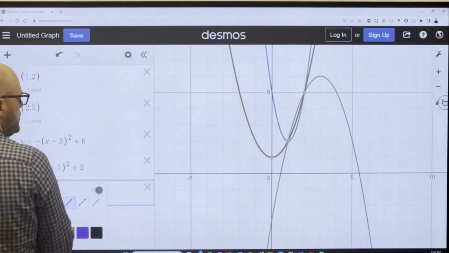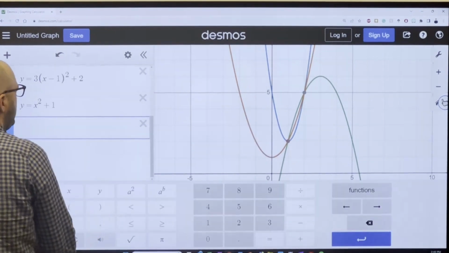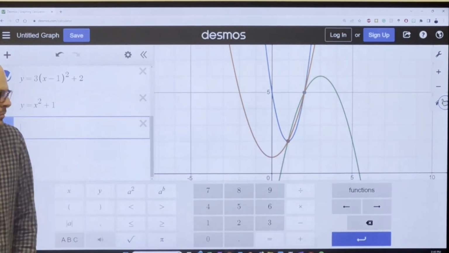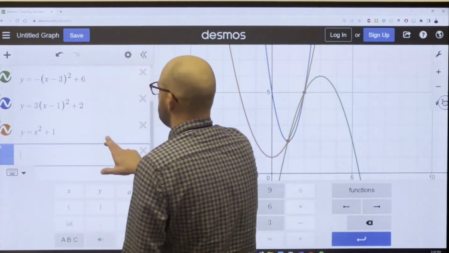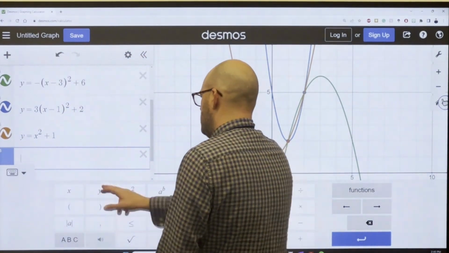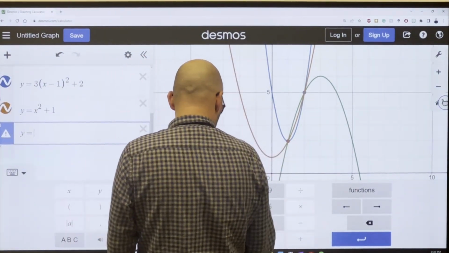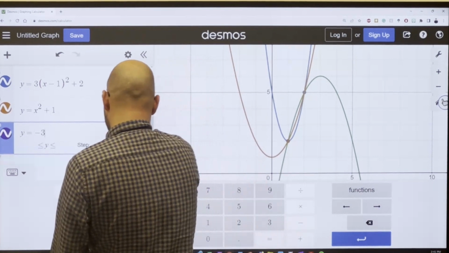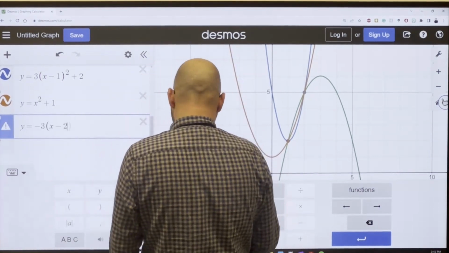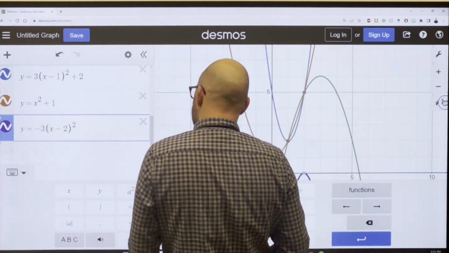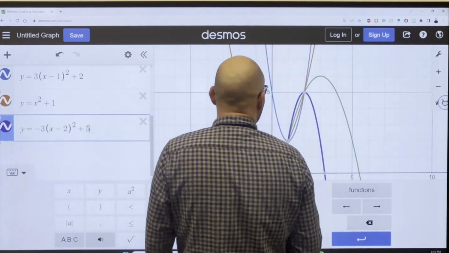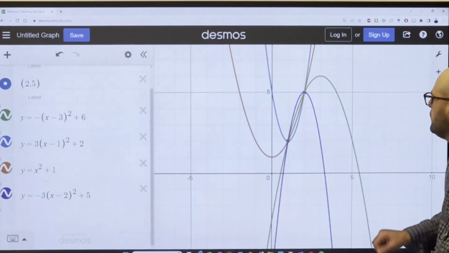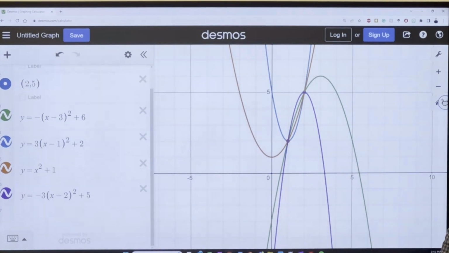Make that one orange. Anybody else get one? What did you do up there? Y equals negative 3, parentheses, x minus 2, squared, plus 5. Look at that. Awesome. Anybody else, or maybe you had one that's already up there?